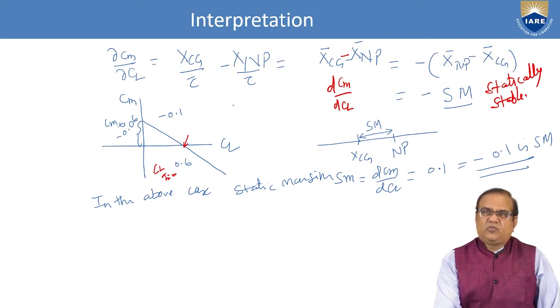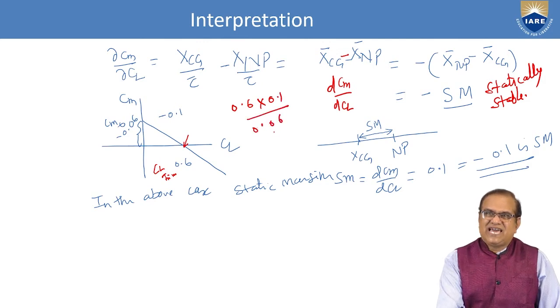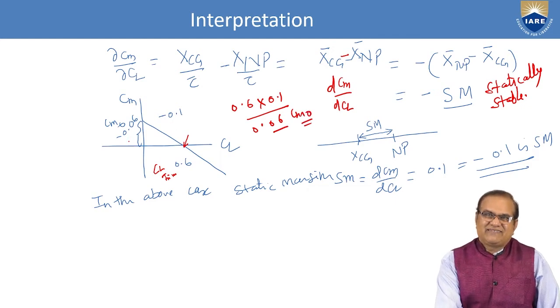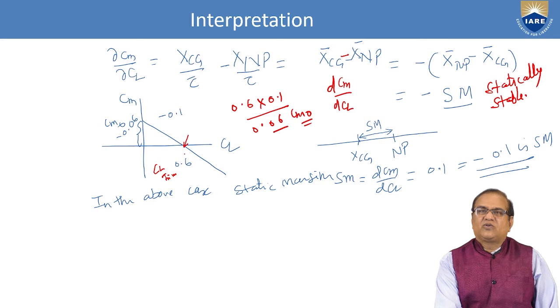In case it is 0.6 and the slope is 0.1, you will get 0.06 as Cm naught. So if you know the slope and the trim point, you can get this Cm. If you know two things, the third thing you can find out.